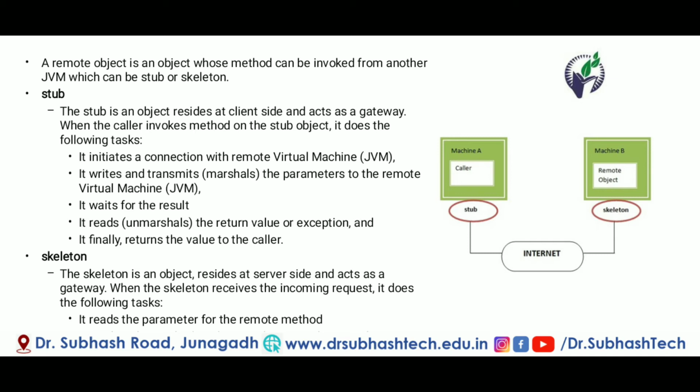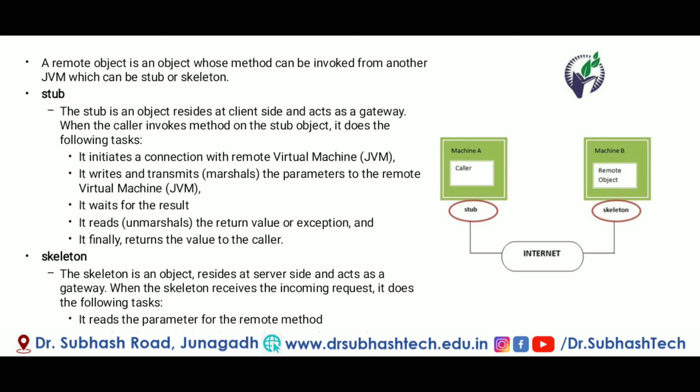So these stub and skeleton objects work as remote objects to communicate between the client and the server. There are two types of objects which work as a remote object. The first one is the stub. What is a stub? It is an object that resides at the client side and acts as a gateway.